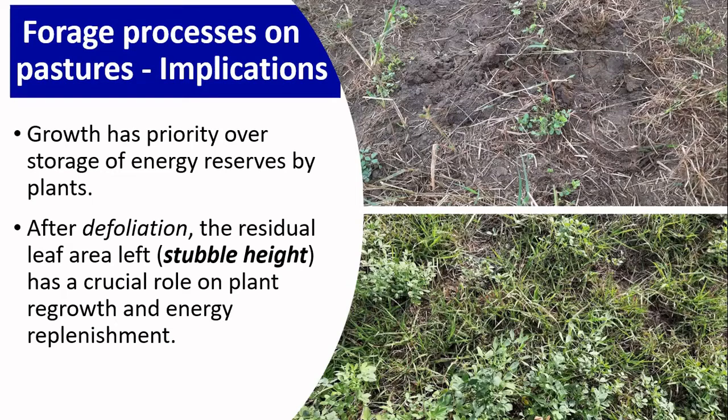Similarly, for warm season perennial species that undergo dormancy in the fall and winter months, the defoliation management should be planned to allow plants to store proper reserves, since they will be regrowing in spring, which will require those reserves so they can reestablish the leaf area in early spring.